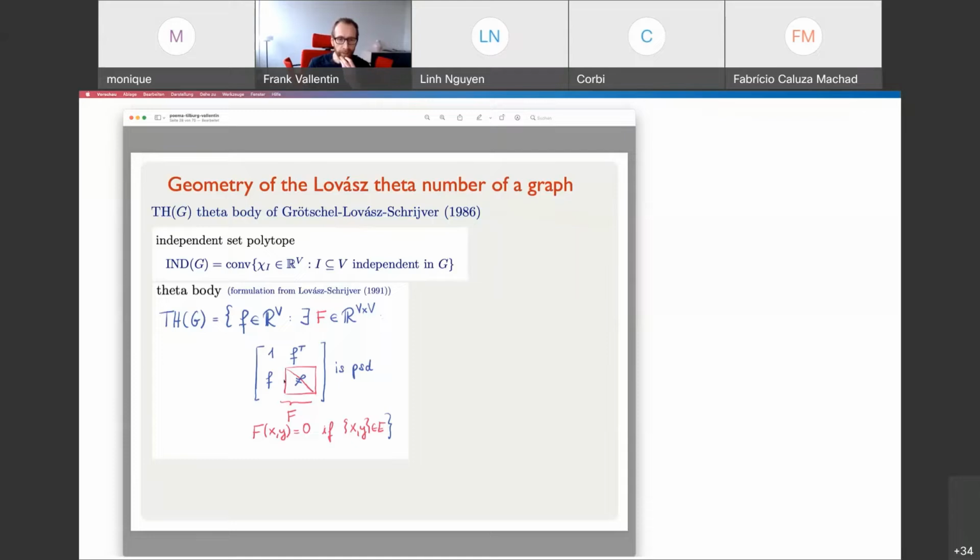Then the rest is a block, this red block here, which is the matrix capital F. And on the diagonal of this matrix capital F, you have again the vector small f. This bordered matrix should be positive semi-definite. And you want to have zeros at positions where you have an edge.